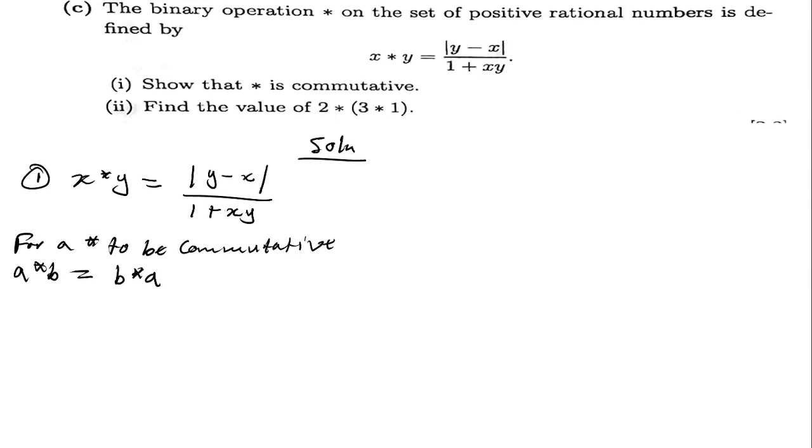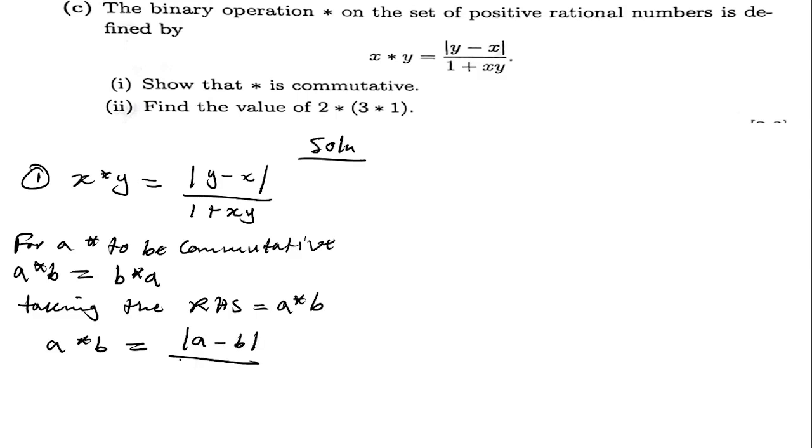Now, with that in mind, we need to understand something. Taking the right hand side, which is a star b, we are going to have a star b equal to the modulus of a minus b, and then over 1 plus ab.